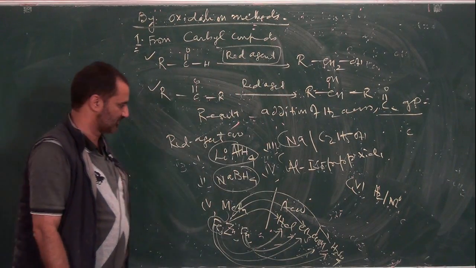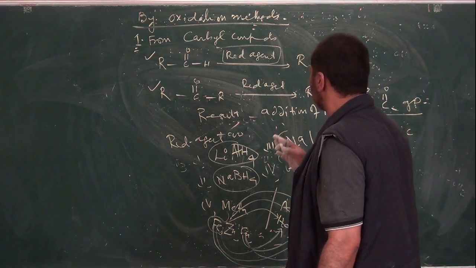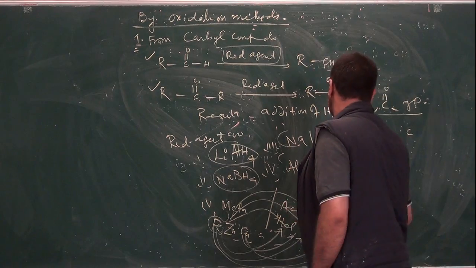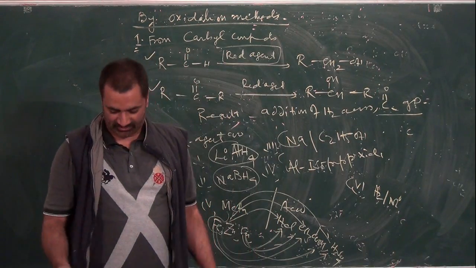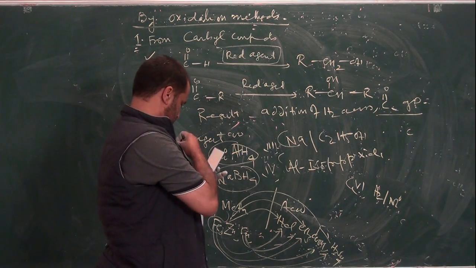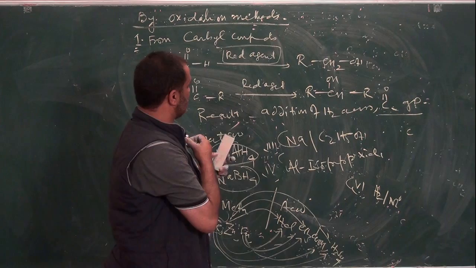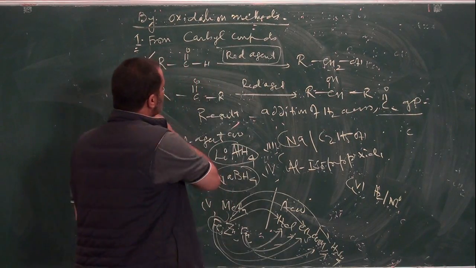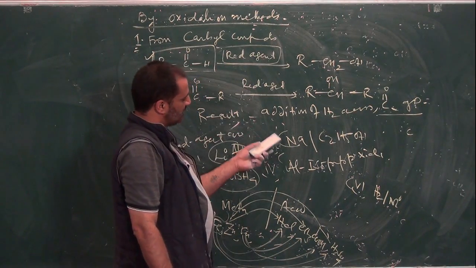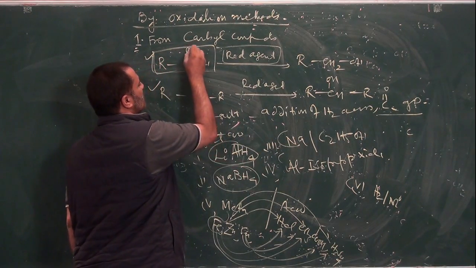So by using lithium aluminum hydride, sodium borohydride, sodium in ethanol, aluminum isopropoxide, metal with acid and hydrogen with nickel, we can convert carbonyl compounds into alcohols. So what is the result? That is addition of hydrogen across the carbonyl group.